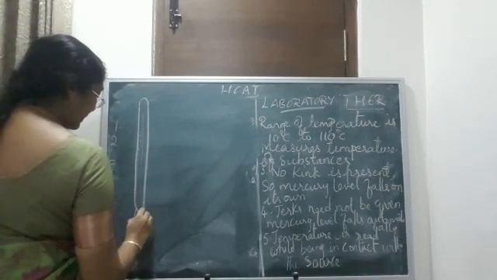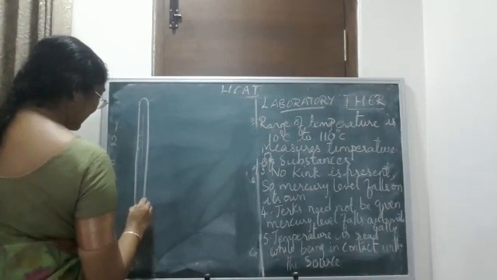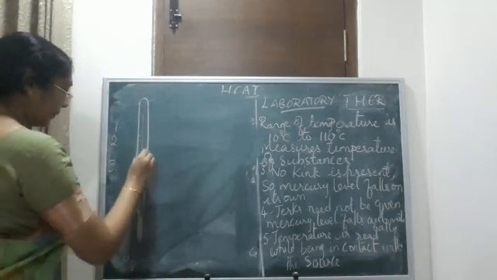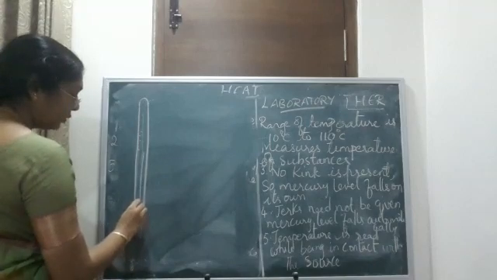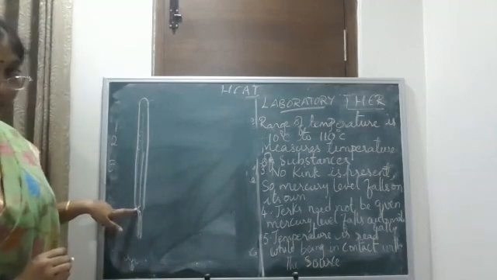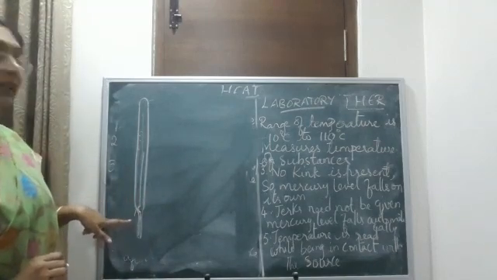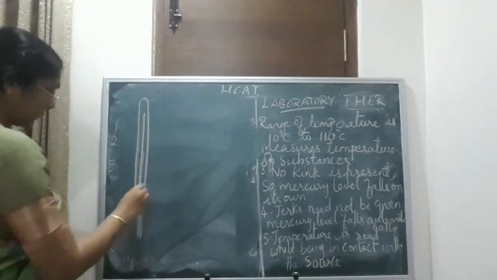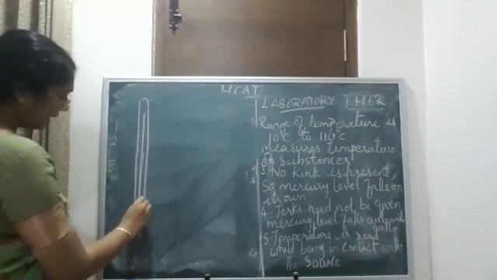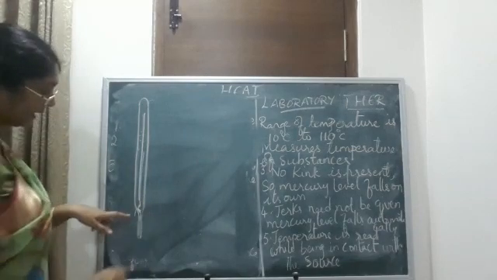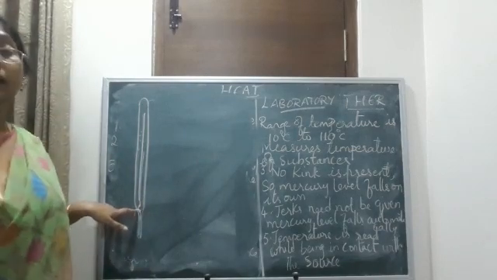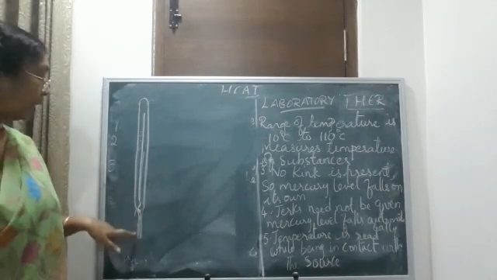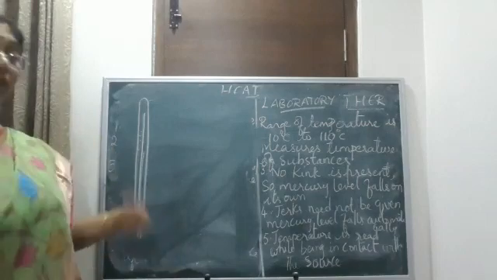And here in the neck there is a U-shaped bend like this, which is called the kink. This U-shaped bend is the kink which is present in a clinical thermometer. It is because of this kink that the mercury level will not fall down unless you give it a jerk.